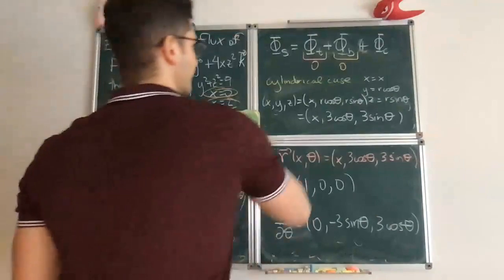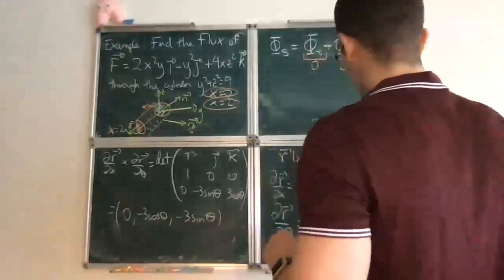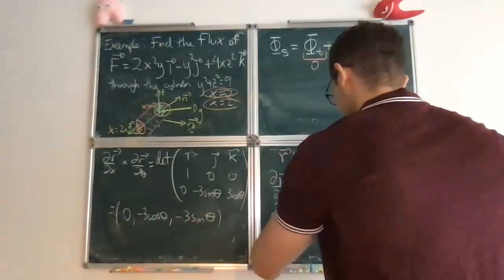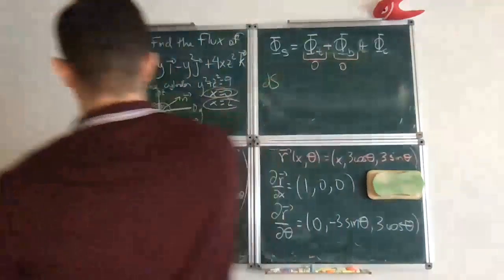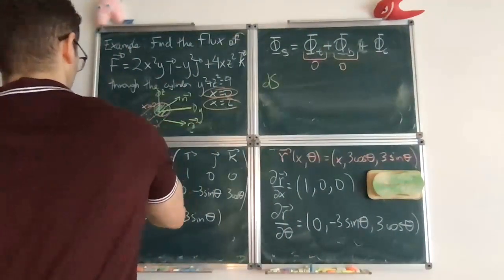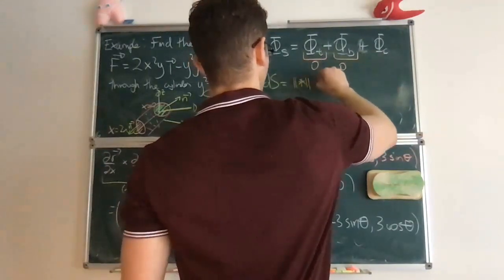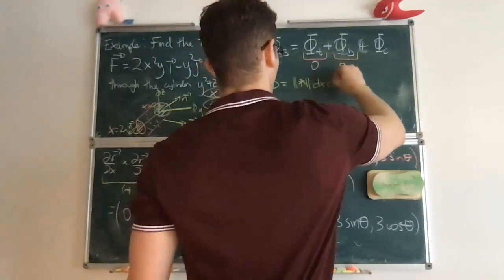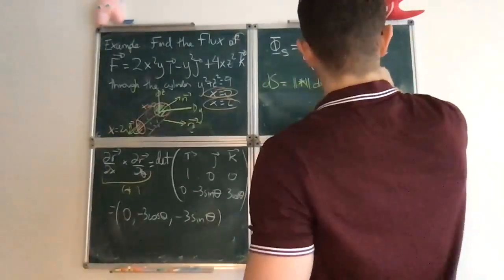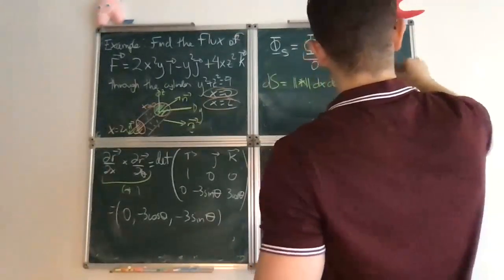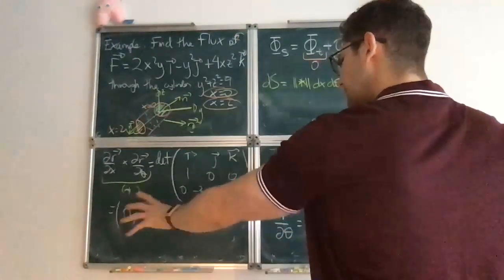So what I'm trying to say is that ds was just the norm of this quantity times dx d theta, and so the norm of this is 3 dx d theta, and then the normal vector has to be normalized.